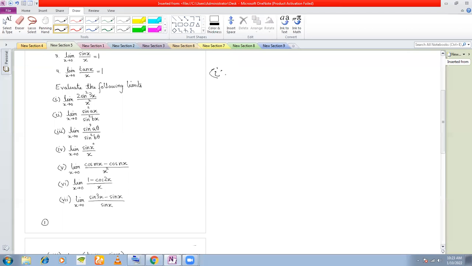Number 1. The given limit here is limit x tends to 0, 2 sine square 3x divided by x square. Okay, now look at this step very carefully, what I'm going to do, because later on certain steps I'm going to skip because they'll appear very trivial, compared to the length of the sum.